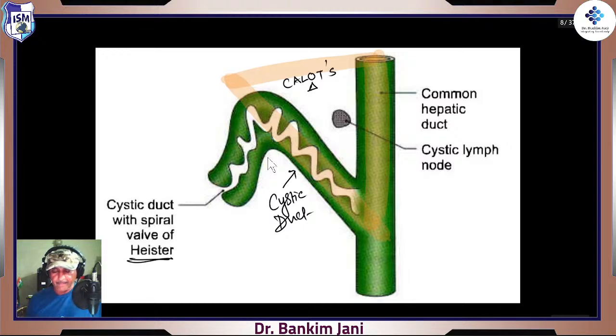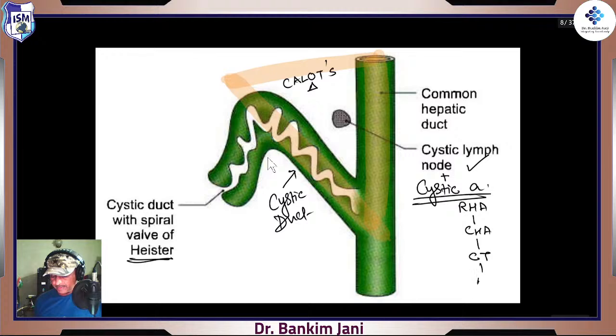In Calot's triangle, this is the cystic lymph node, plus there was the cystic artery. The cystic artery was a branch of the right hepatic artery, a branch of the common hepatic artery, and then to the celiac trunk and to the aorta. Okay. So these are the cystic duct with the spiral valves of Heister.